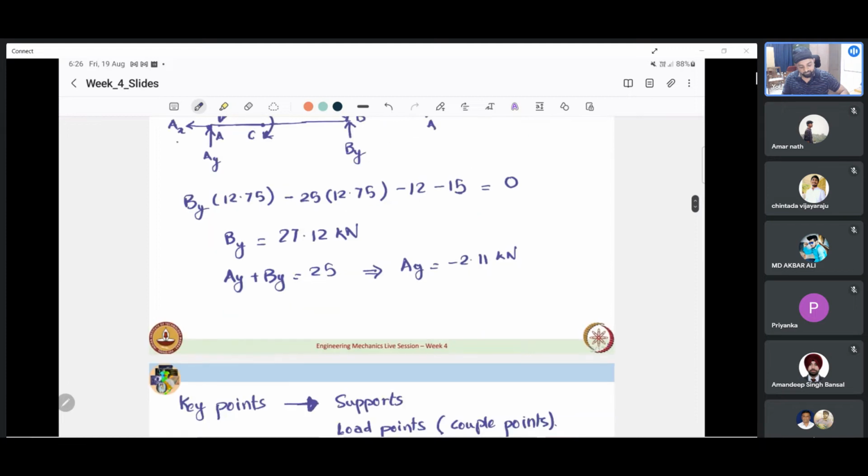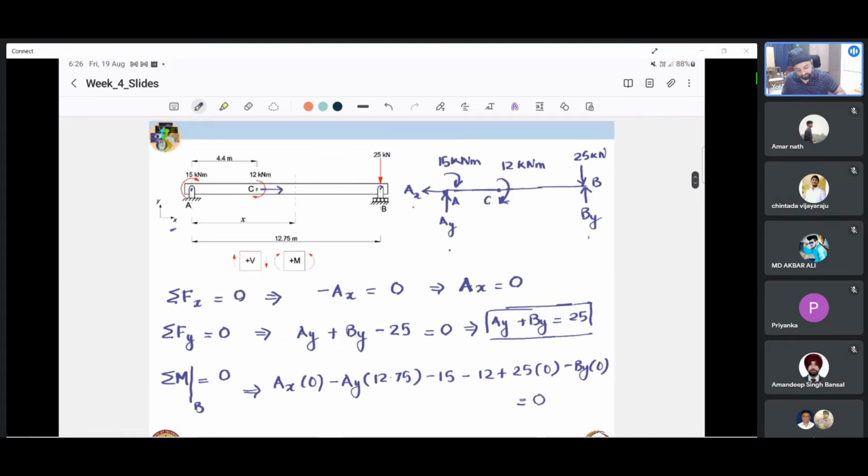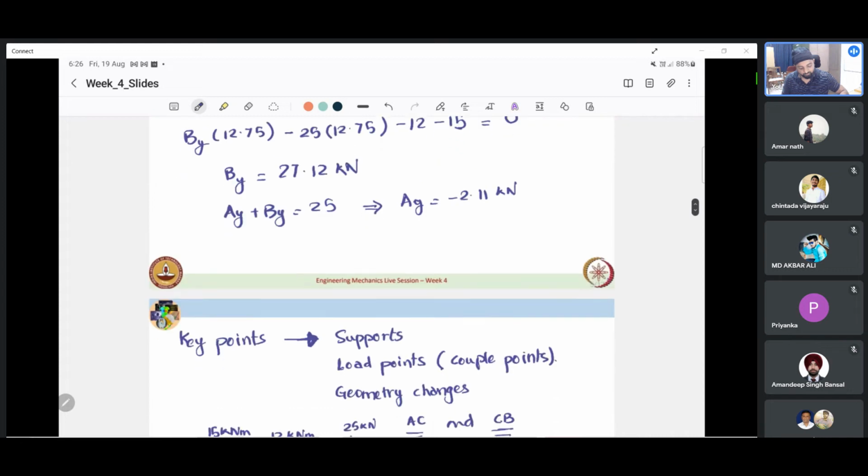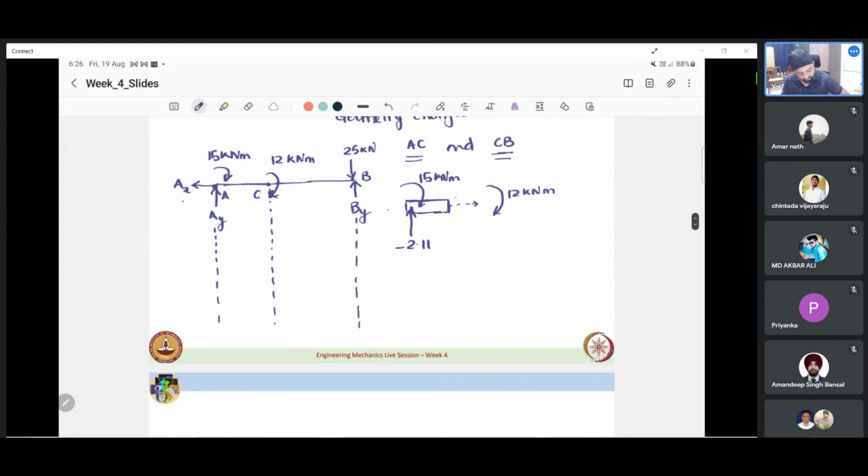So that's a positive surface. And what does our sign convention say? Our sign convention says that at a positive surface, we have to mark positive shear as downwards. So we will mark a shear force there pointing down. This is V at section C.